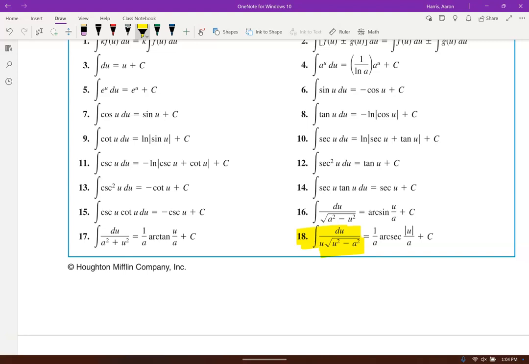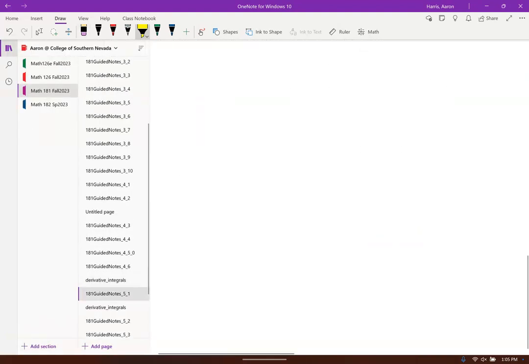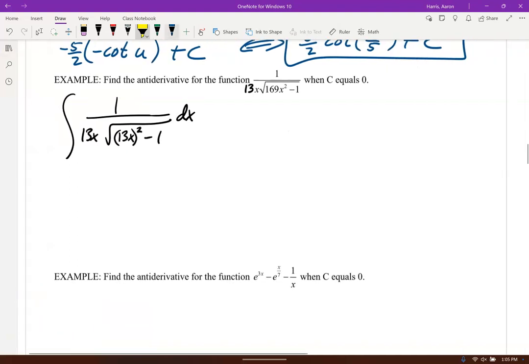Now a is just a number. That's a constant squared right there. In this case, we had a minus 1 squared right there, so the a is the 1. Okay, so that's what we're using. Let me come back and write that down. So we have the integral of 1 over u square root of u squared minus a squared is 1 over a arcsecant of the absolute value of u over a plus a constant.